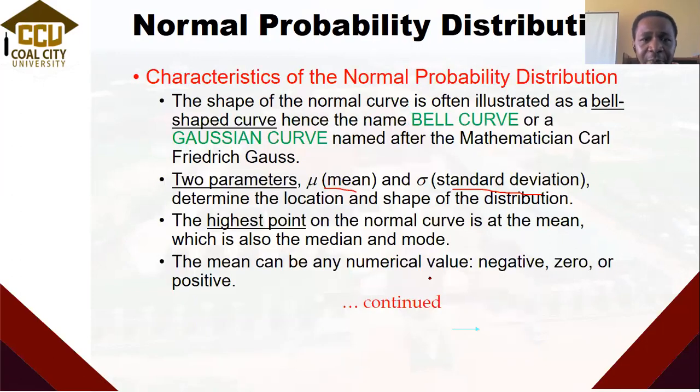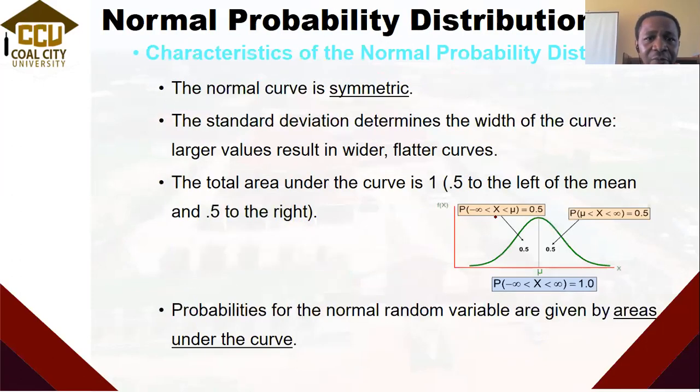Another important fact about the normal distribution curve is that it is symmetric. As you can see from the shape here, it is symmetric. And the total area below the normal distribution curve is denoted as 1.